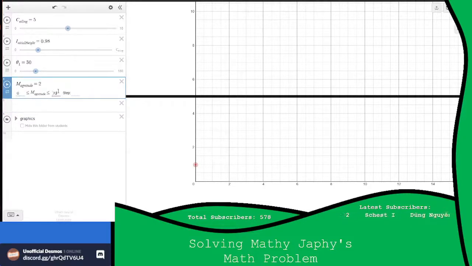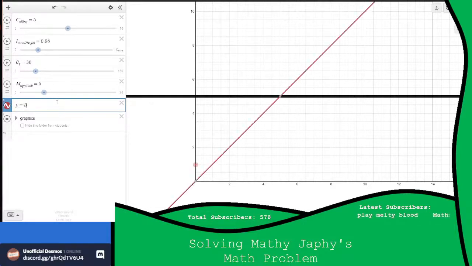Then we can take the x component, which is going to be... Wait.